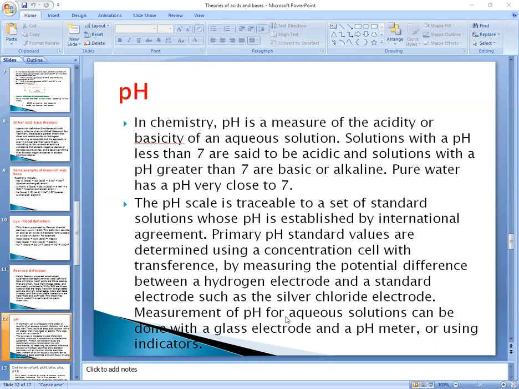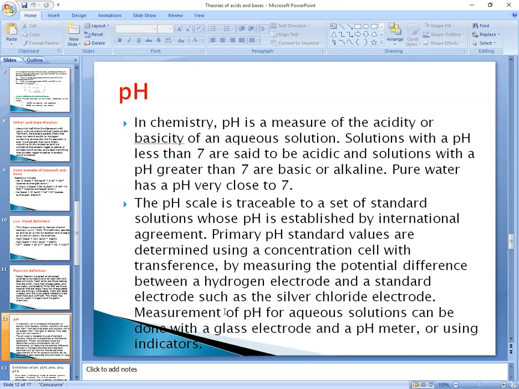The measurement of pH for an aqueous solution can be done with a glass electrode. Glass electrode से भी pH of a solution find out कर सकते हैं. And pH can also be measured using a pH meter. इसी तरह pH can also be measured using indicators. यानी pH of a solution measure करने के लिए indicator भी use किए जाते हैं. Indicator क्या है? Litmus paper. एक solution में litmus paper को dip किया जाता है.